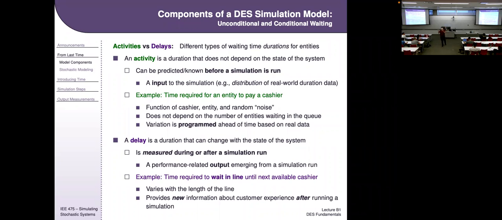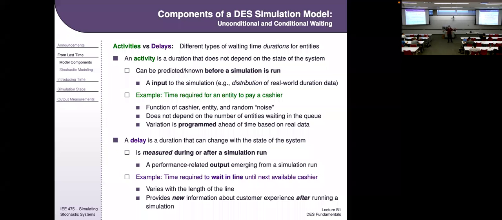You basically go straight into the X-ray machine. But if a bunch of people show up faster than people are going through the X-ray machine, there ends up becoming a queue, and you have to wait a certain amount of time in that queue. It's not easy for us to predict ahead of time what the queue length is going to be without knowing what the arrival rate is going to be, and many other factors.